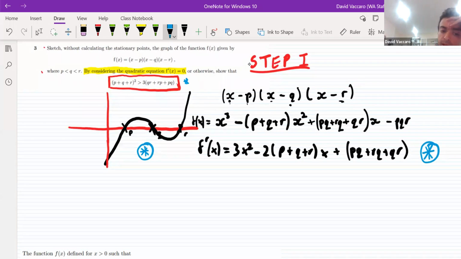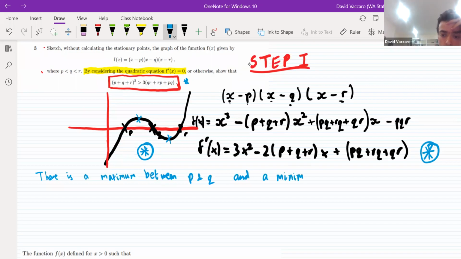So what can we see from this graph of the cubic? We can see that we must have a maximum here and a minimum here. So there is a maximum between P and Q, and the minimum between Q and R. So these are distinct turning points.